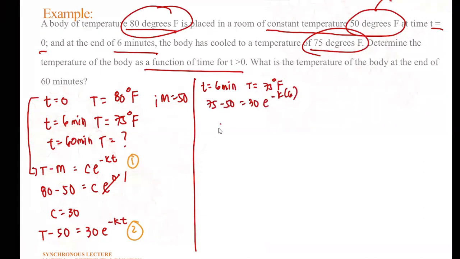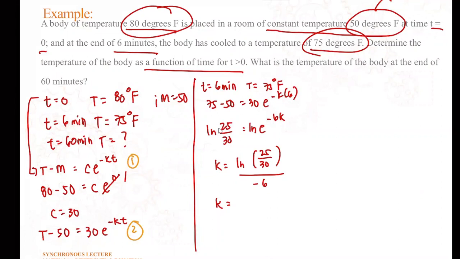Or this will be 25 over 30 equals to e negative 6k. So ln both sides. Value of k will be ln 25 over 30 all over negative 6. So yung k natin will be ln 25 over 30 divided by negative 6.